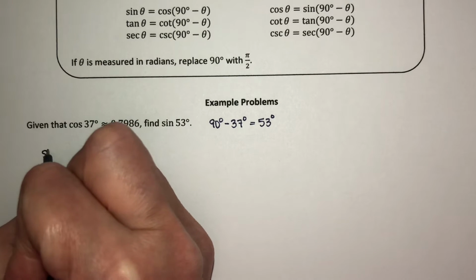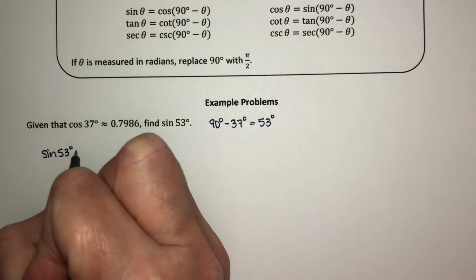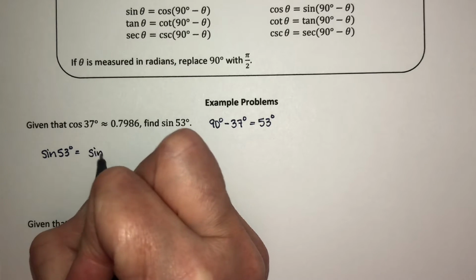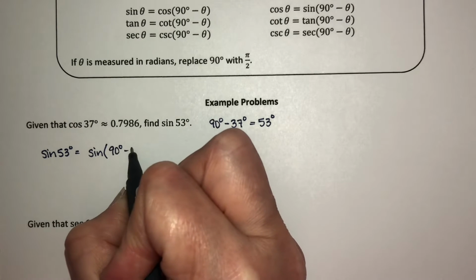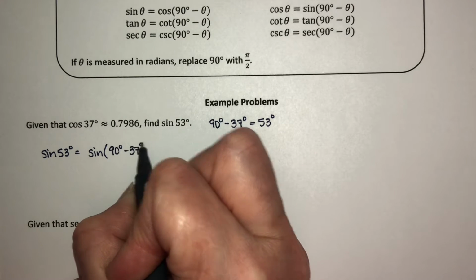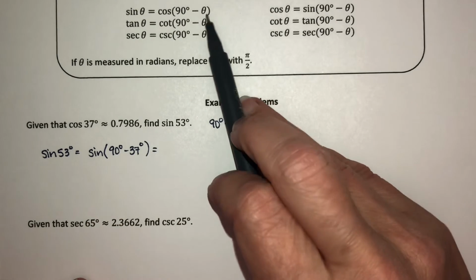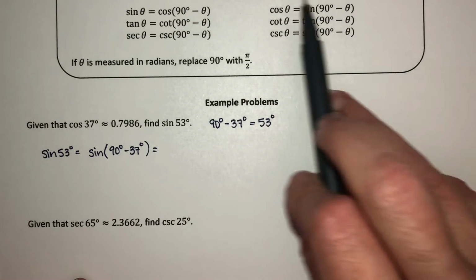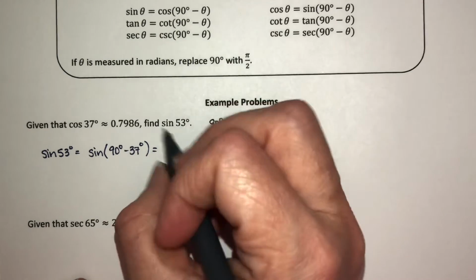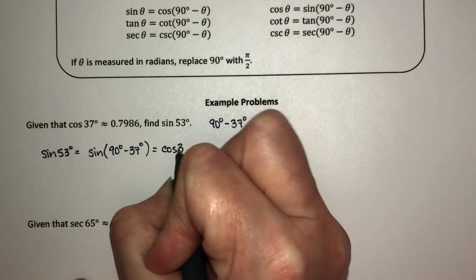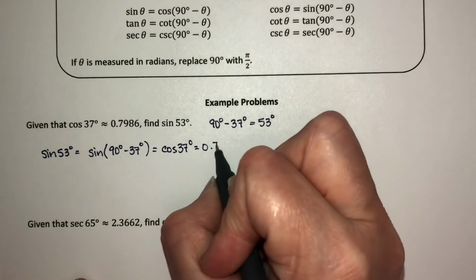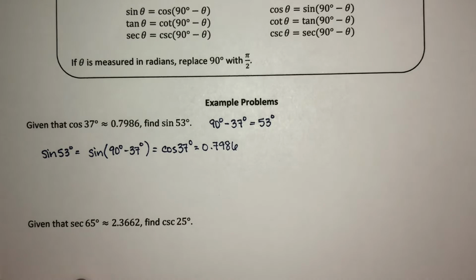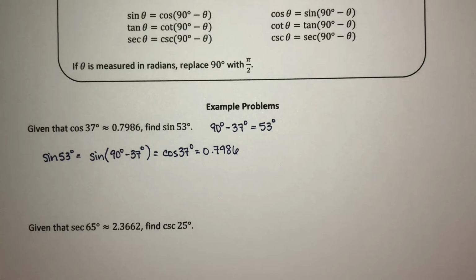So sine of 53 degrees can be written as sine of 90 degrees minus 37 degrees, which is the same thing as cosine of 37 degrees, which is 0.7986. Don't overthink these.